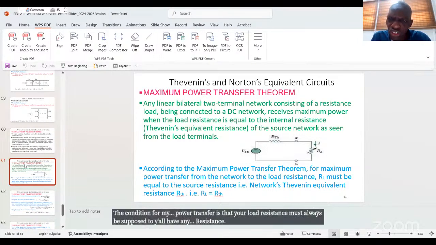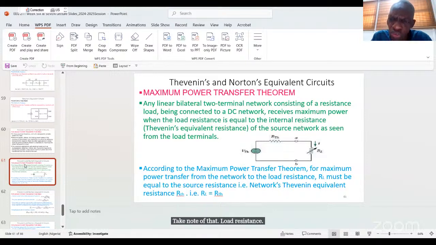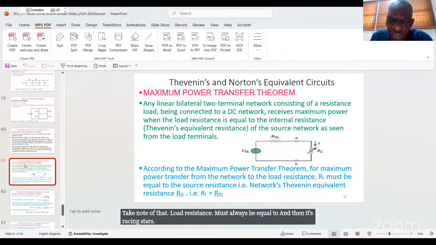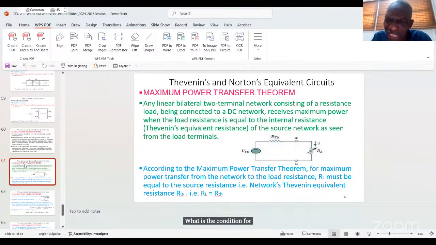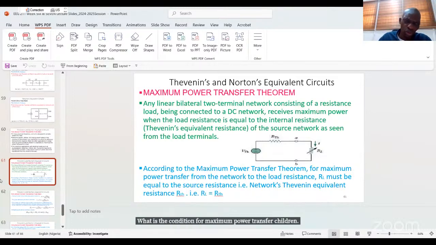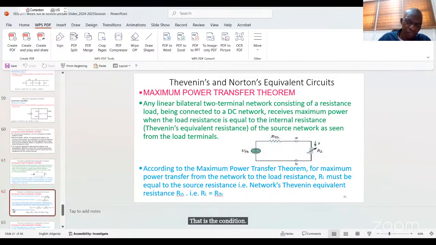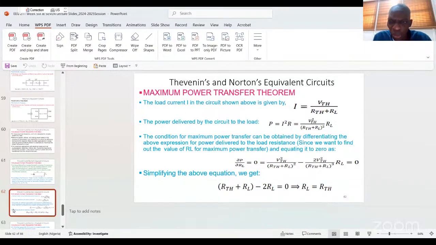Take note of that. Load resistance must always be equal to Thevenin resistance. That is the condition for the maximum power transfer theorem. And this is how we normally do it.